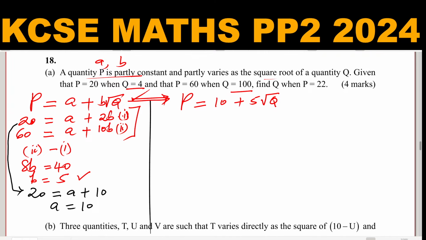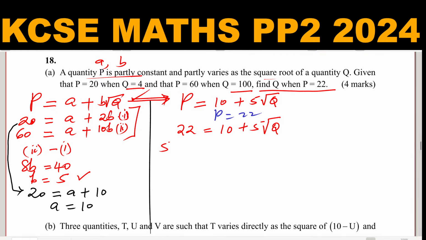Now the question is, find Q when P is equal to 22. So when P is equal to 22, just substitute. So 22 is equal to 10 plus 5 times the square root of Q. So you're supposed to find Q. So you simply make Q the subject.